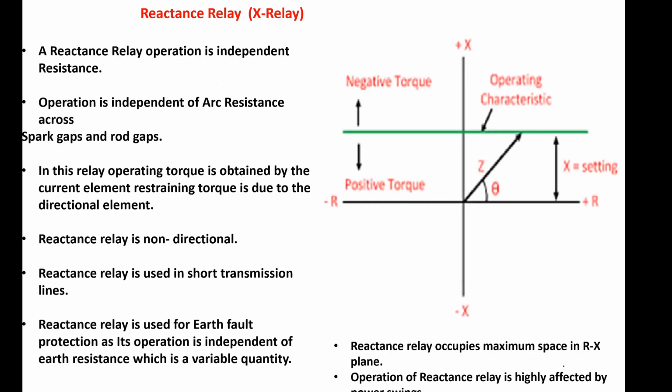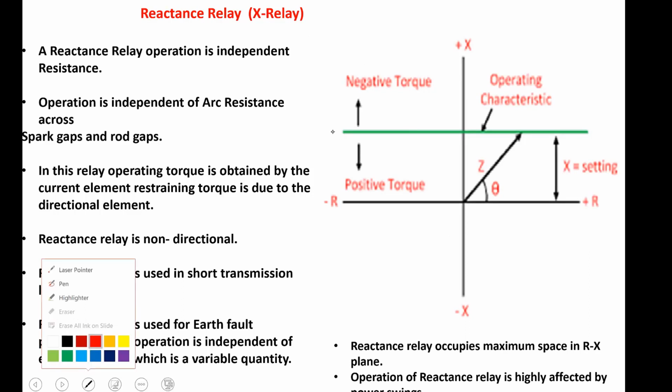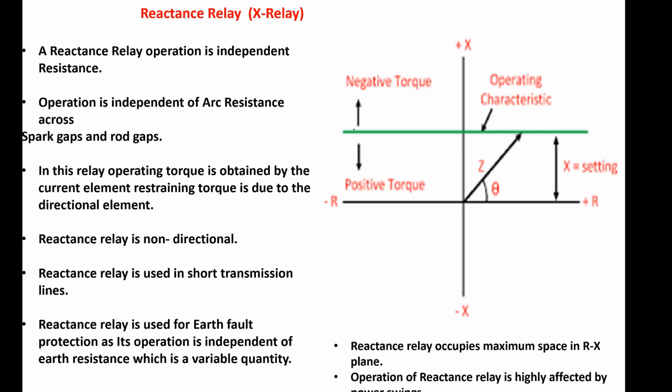So if you see the characteristic in the RX plane, suppose this is my line. This is the X set, the reactance which I am setting. So where will my relay operate?